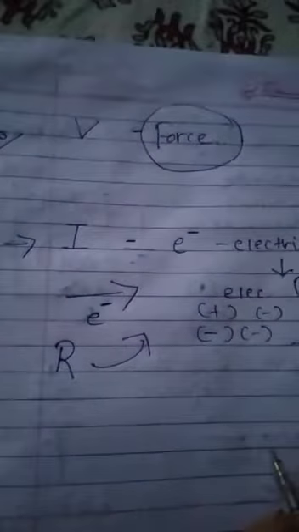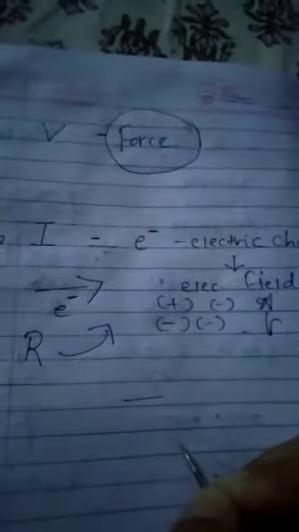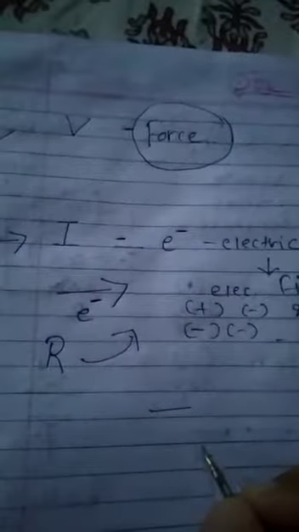Current is there, and voltage is required to flow the electrons from the electric field and supply them to the fan, but the regulator is on 5, so no resistance.